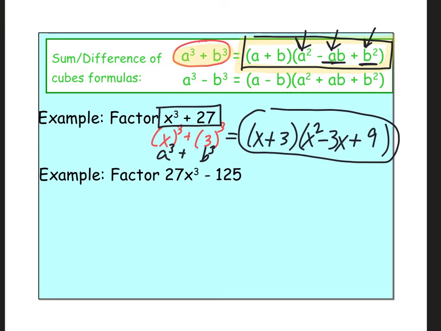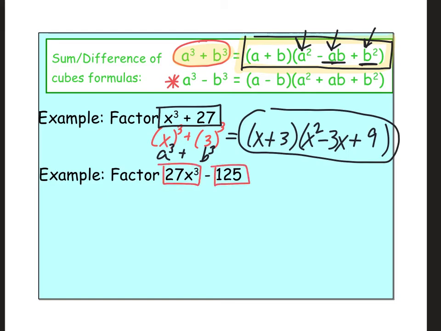We have 27x cubed minus 125. So again, just looking right off the bat, I don't know that it looks clearly factorable. There's probably not a greatest common factor or any of our methods from before. But we can always try then and see, is it the difference of perfect cubes? So are each of these terms something to the third power?